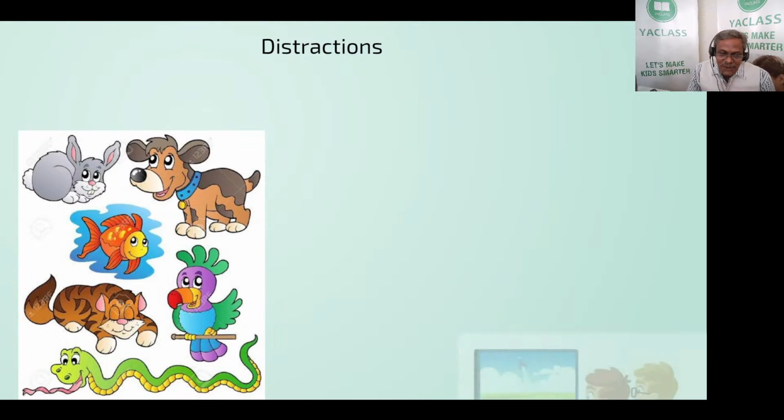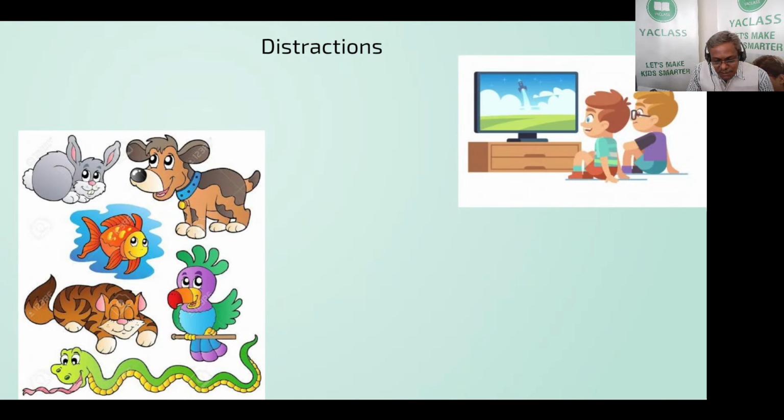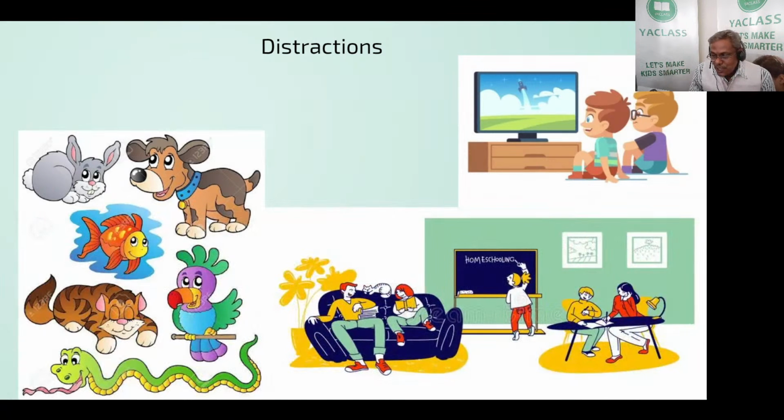Some of the siblings may watch television, maybe the TV is running in the background, maybe the grandparents are glued to the TV. In fact, the students may be learning somewhere, but the parent may be doing their office work at home, right? So these distractions make online teaching more dynamic and challenging.